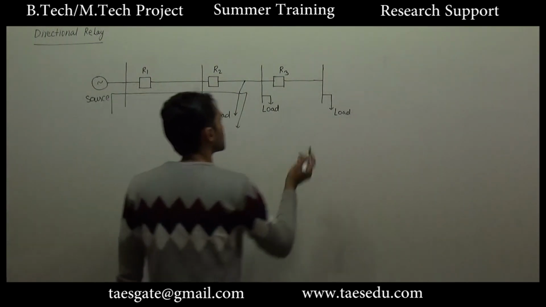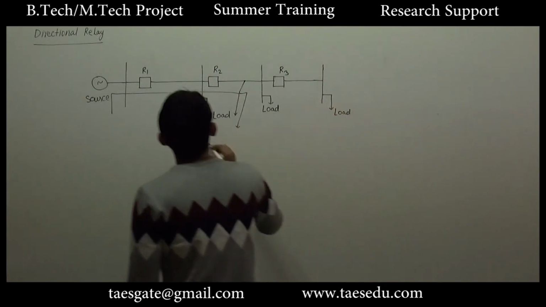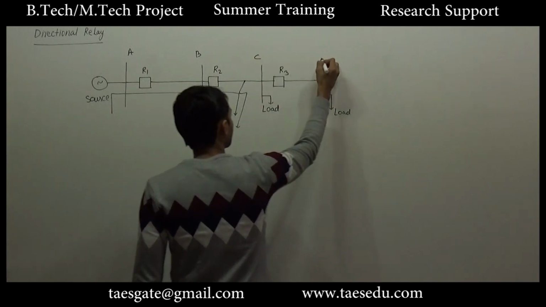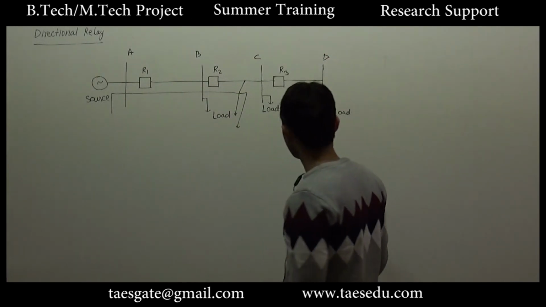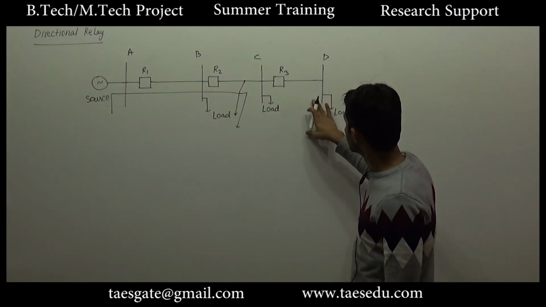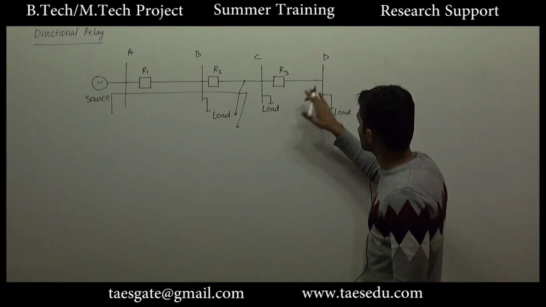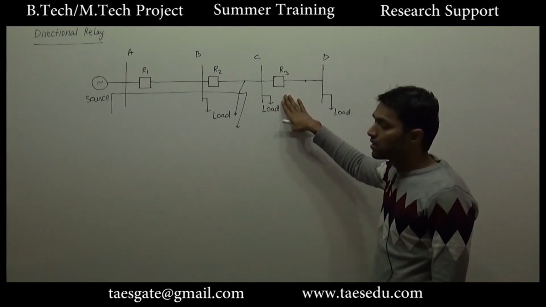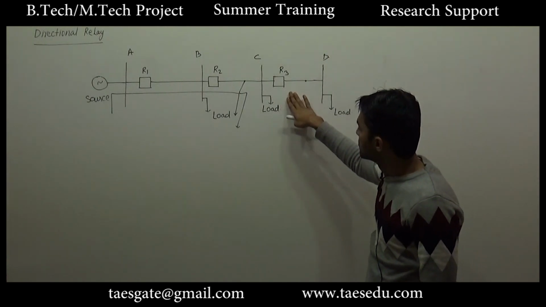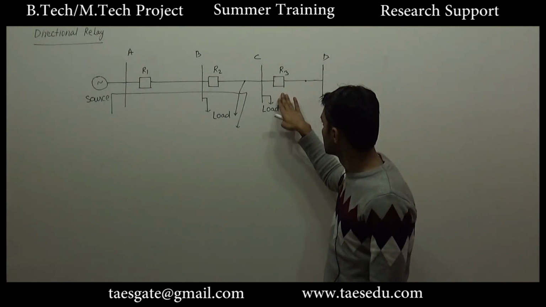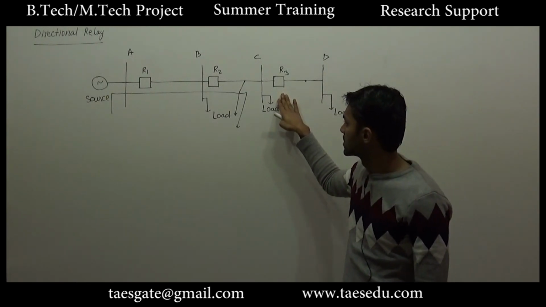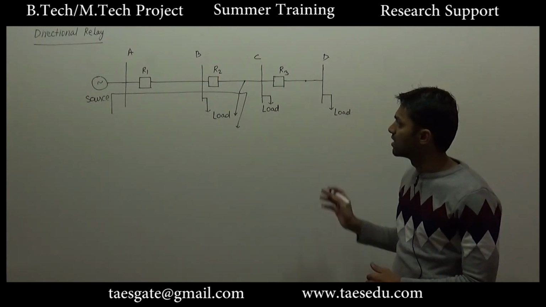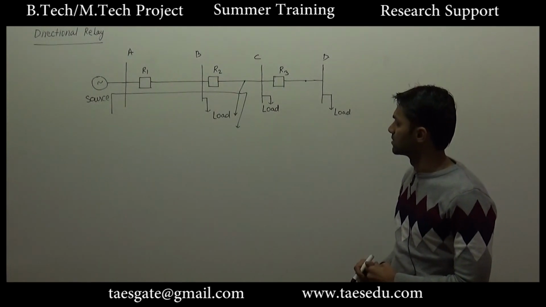Similarly, if fault occurs between these two buses, let's say this is bus A, B, C, D. So if there is a fault in the feeder between bus C and D, for this kind of fault R3 will provide primary protection which will be fast, and if R3 fails to provide the protection, R2 will provide remote backup protection. So this much we have studied in overcurrent relay.